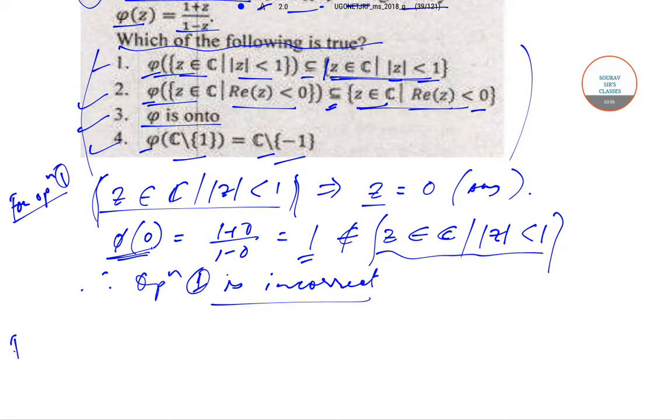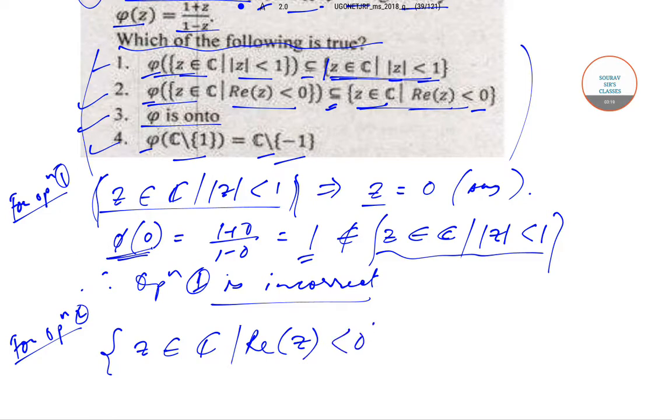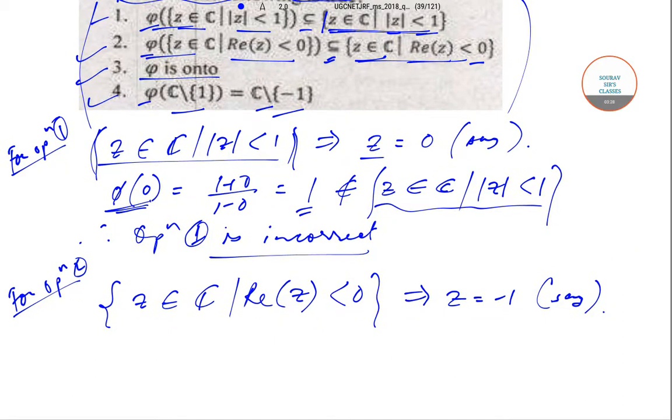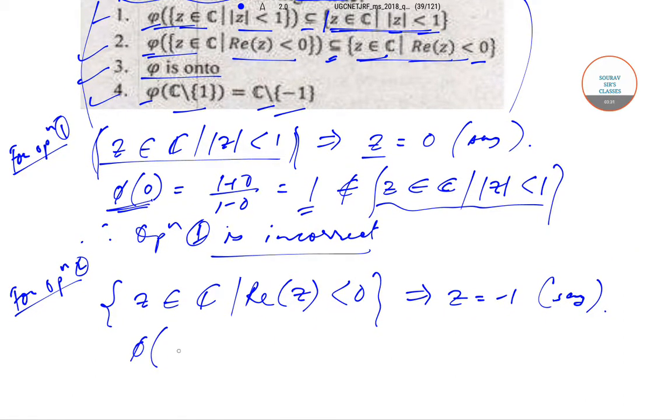Now for option 2, again we need to find a value of z which belongs to C such that the real part of z is less than 0. So we can take z is equal to minus 1, say. So now let us find out phi of minus 1. Now phi of minus 1 is equal to (1 plus minus 1) by (1 minus of minus 1).